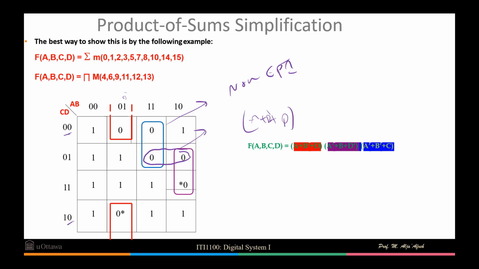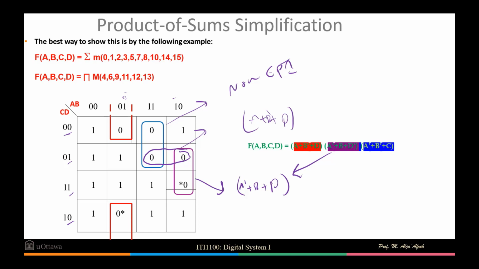Now, for this one here, if I go vertically, the thing that's not changing here is the D. Then I have A prime, because A is at 1, so A prime for the product of sum, plus B. So that is for this one.